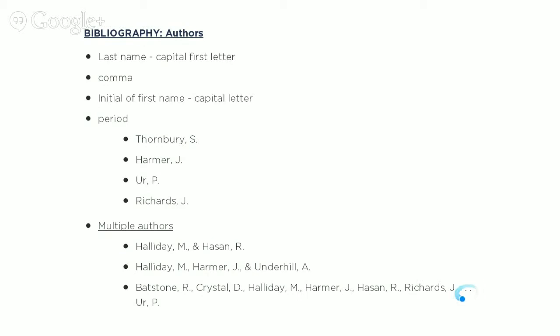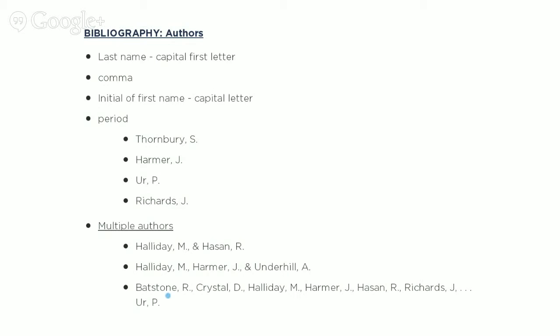So just understand that there are more authors here for this book that I'm not going to list here. And I'm going to list the last one. So 1, 2, 3, 4, 5, 6, ellipsis, 7. You can list a maximum of 7 authors in your bibliography for one publication.